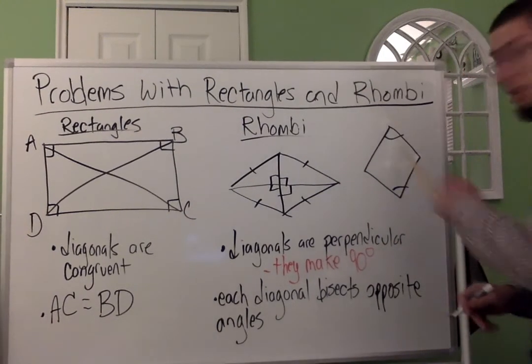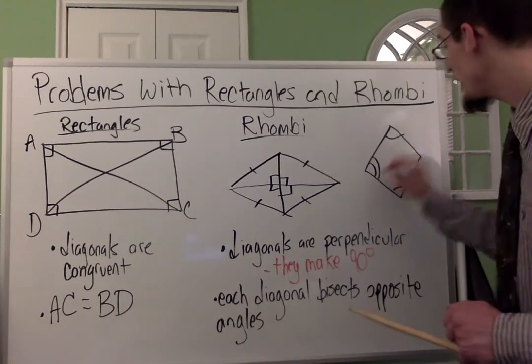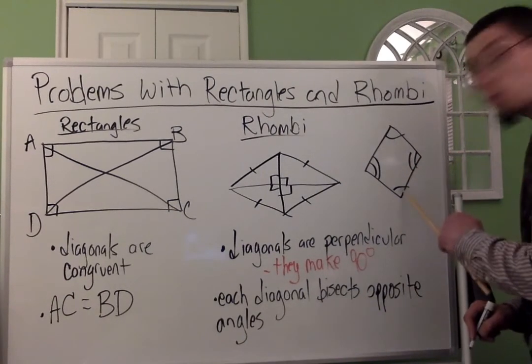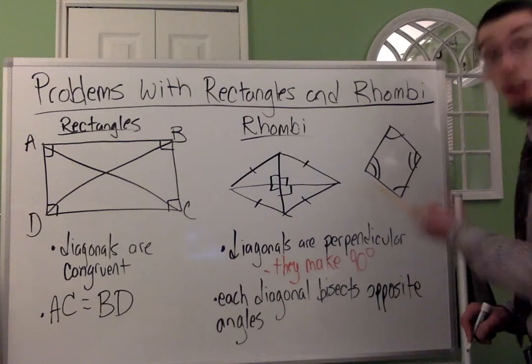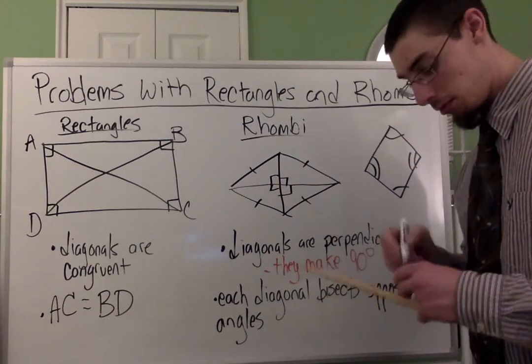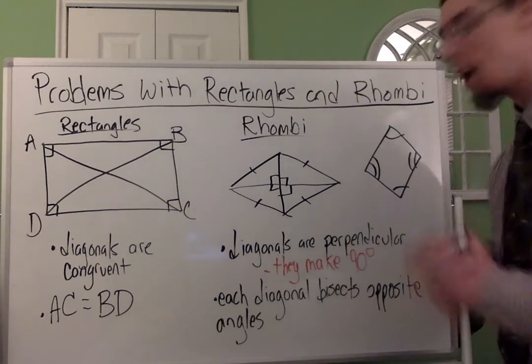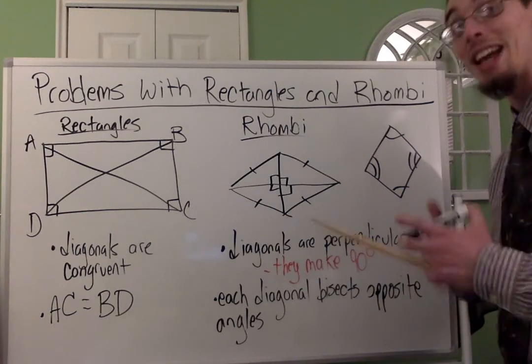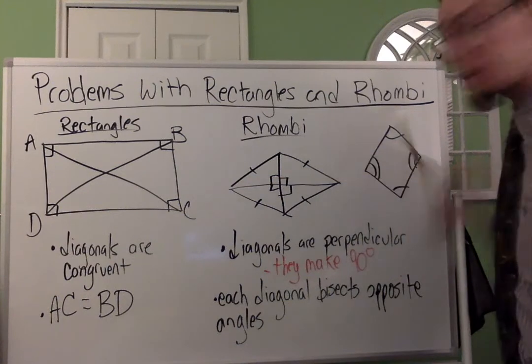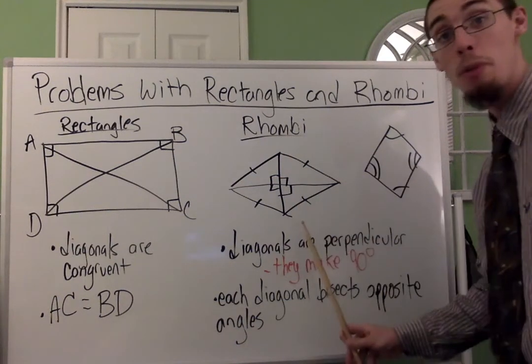This is congruent to this, and the left angle is congruent to the right angle, right? The angles across from each other are congruent. Well, these diagonals, they basically cut the rhombus in half, right? It goes straight through the middle here. It goes straight through the middle here.